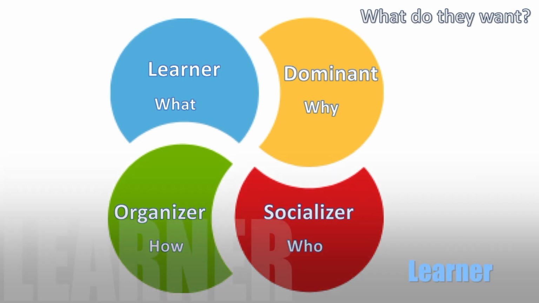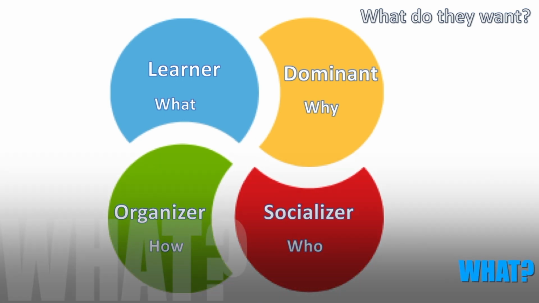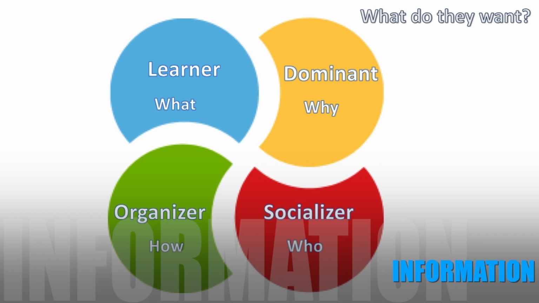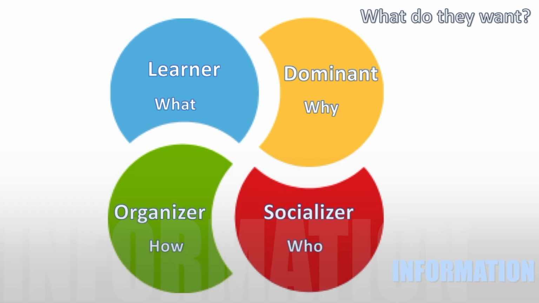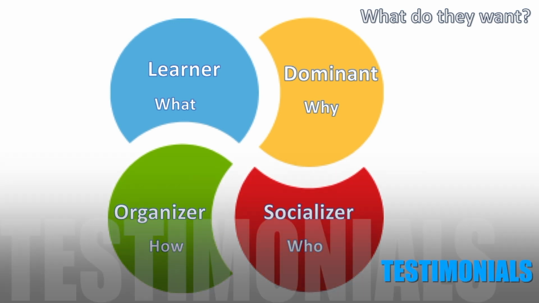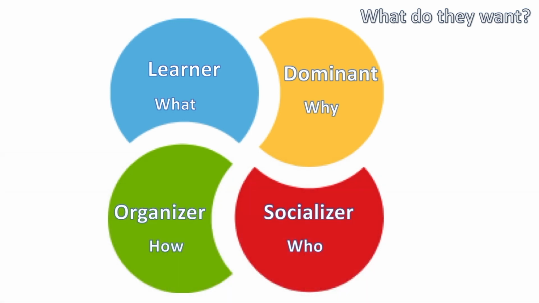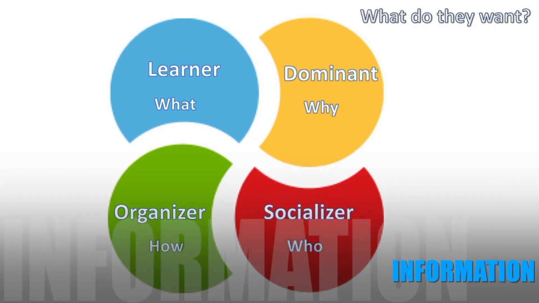And when we talk about a learner, they're all about the what. They need to know as much information as they possibly can get. They love research. They love data. They love testimonials. They love anything that can give them foundation because they're very slow to make decisions. They need loads, buckets and buckets of information to make any decision.